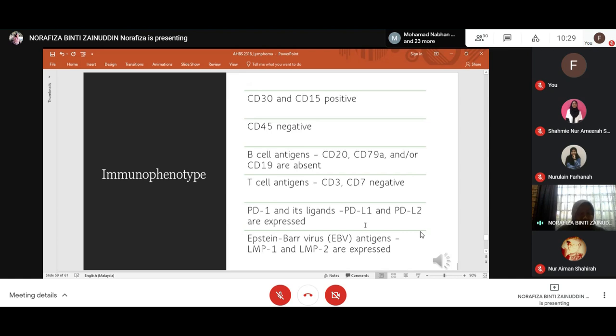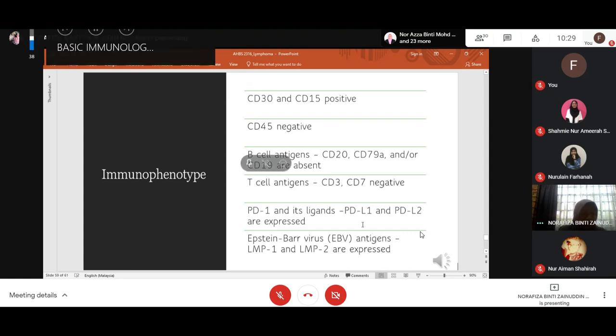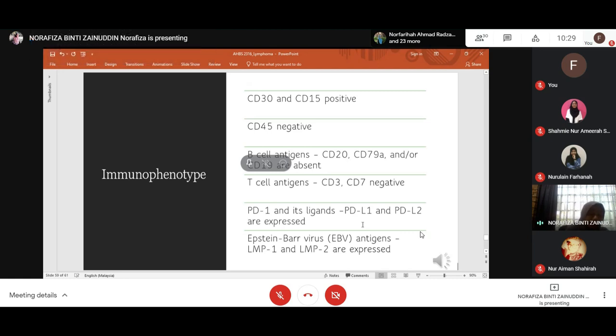For T cell antigens, the pan T cell antigens like CD3 and CD7 are not expressed by HRS cells, Reed-Sternberg cells. But expression of a single T cell antigen, for example CD4, can occasionally be seen. For PD1 and its ligands, these Reed-Sternberg cells express PD-L1 and also PD-L2.